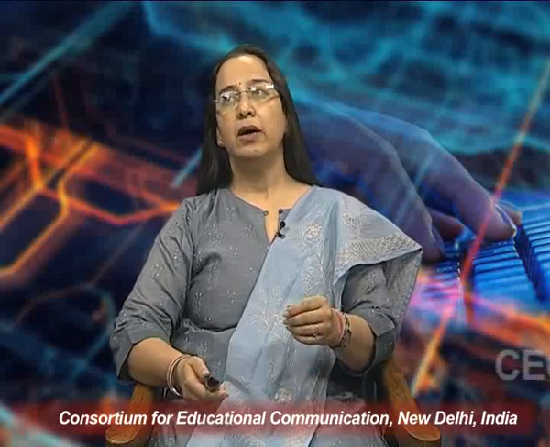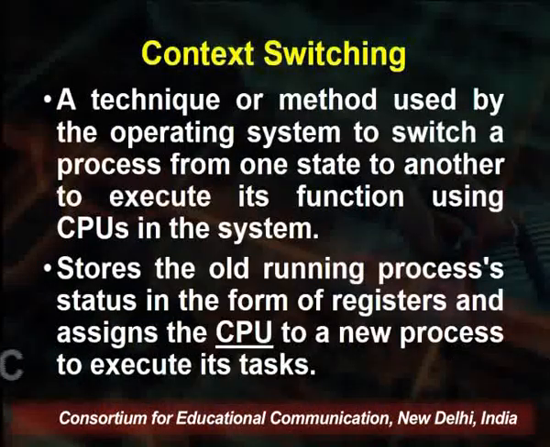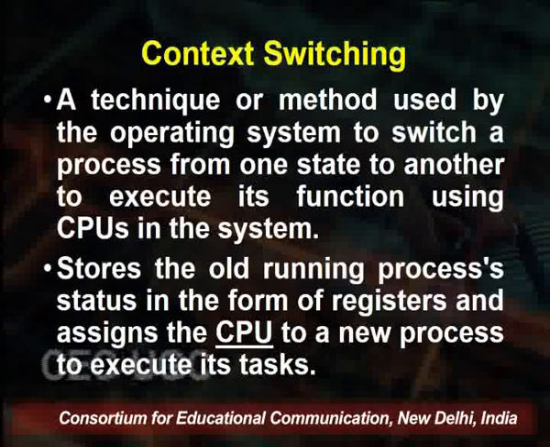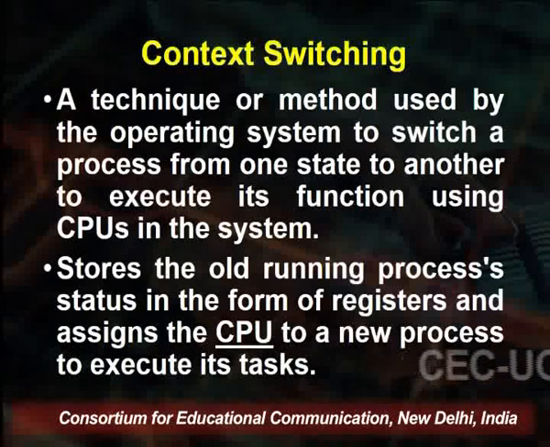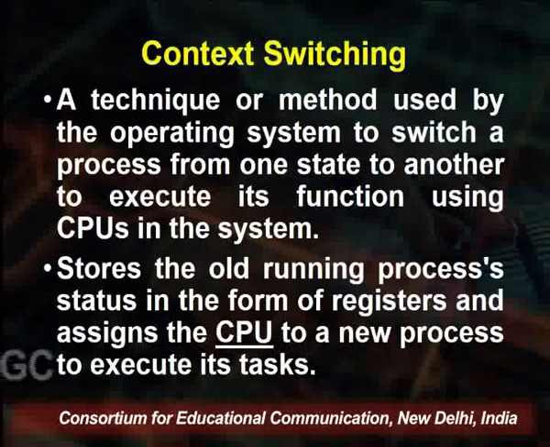We have already seen context switching during memory management, and I am just recapping it here, because this is also a place where context switching should be considered. Basically, context switching is a technique or method used by the operating system to switch a process from one state to another in order to execute its functions using the CPU in the system.